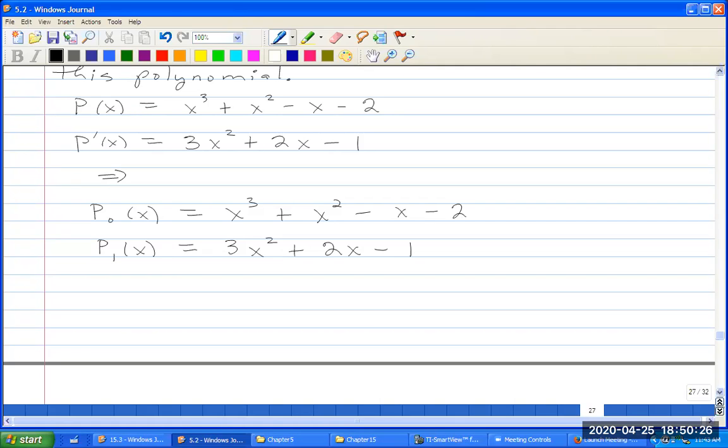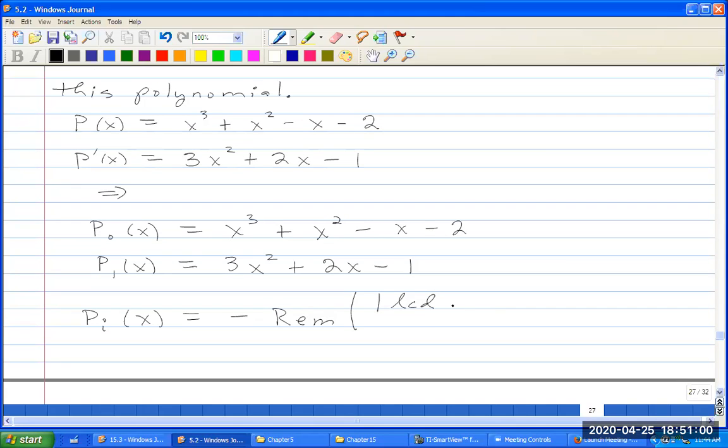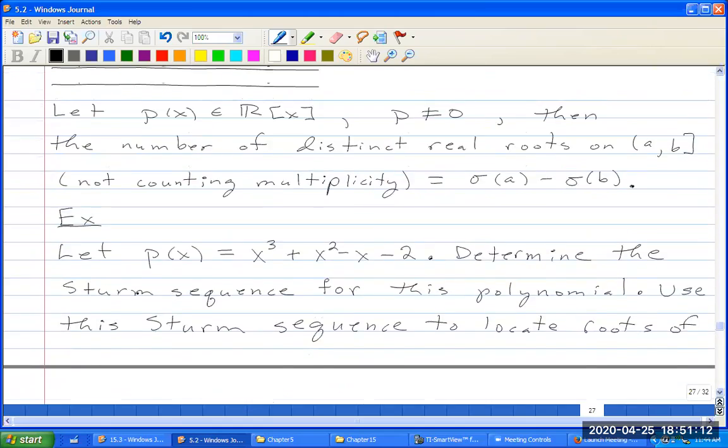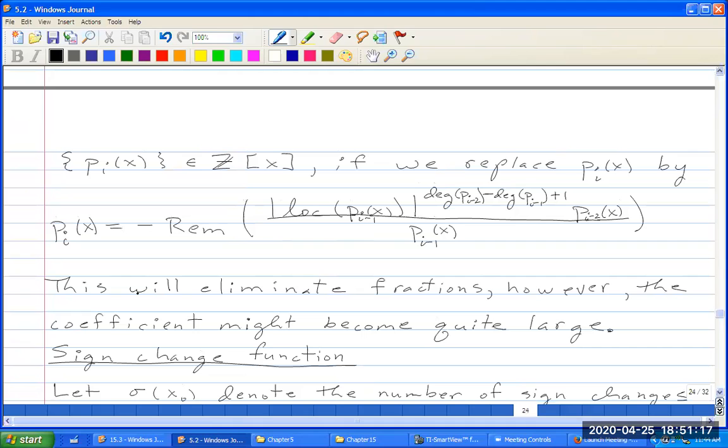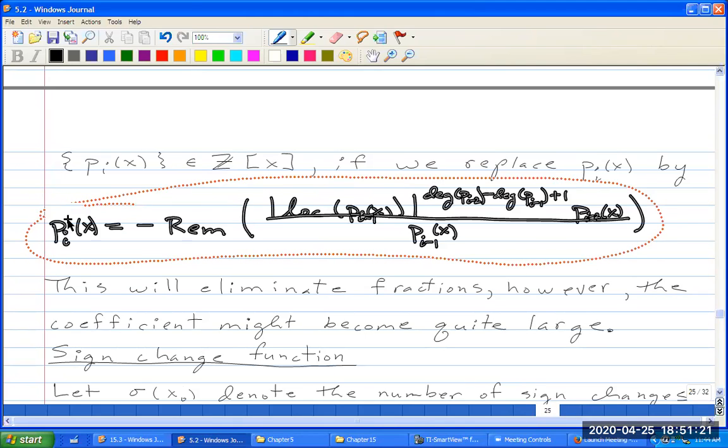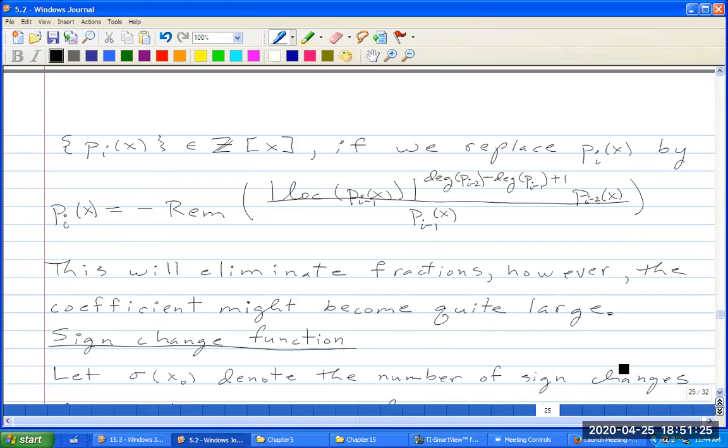Now I have p sub i, and maybe I should write this down: the absolute value of the leading order coefficient of, in this case, this.